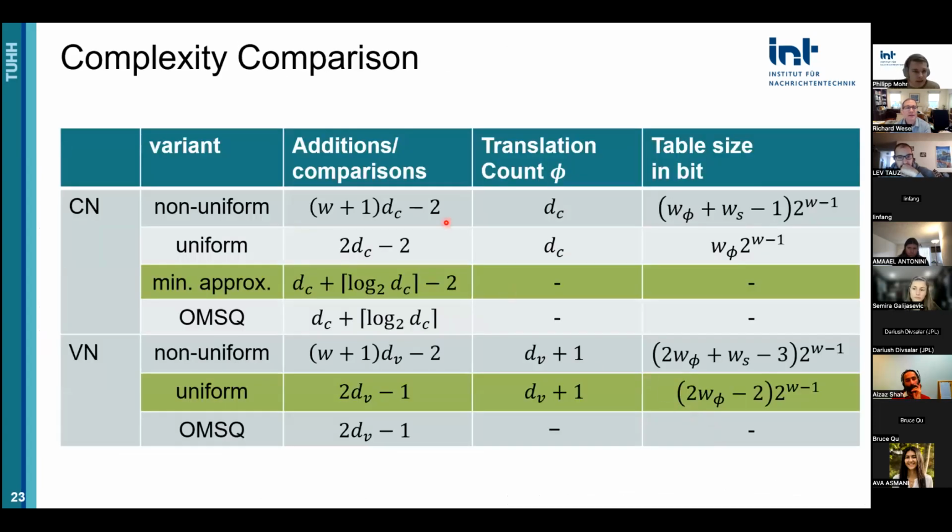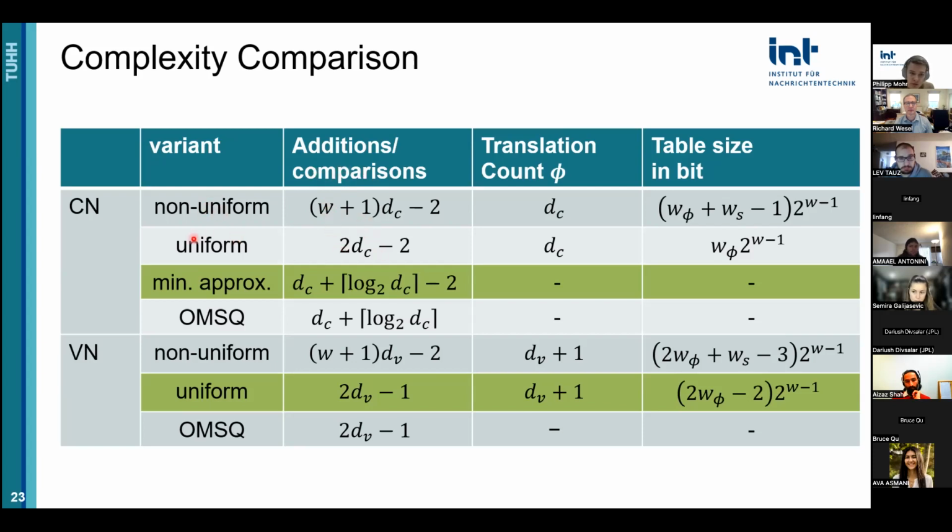And here's one last slide concerning the complexity of the node operations. For the check node, we have several options. We can do it the non-uniform way, with the computational domain and non-uniform boundaries. We can make the restriction to uniform boundaries. Then we lose the complexity dependence on the resolution of exchanged messages, because we don't need those comparisons.